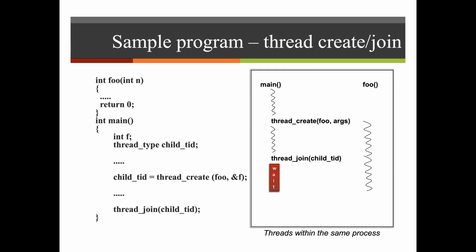We'll wait for the results to occur. We encounter the point where foo has completed, and then we'll join with the original parent thread. And so then the program will continue. So this represents the process that occurs as the threads execute.